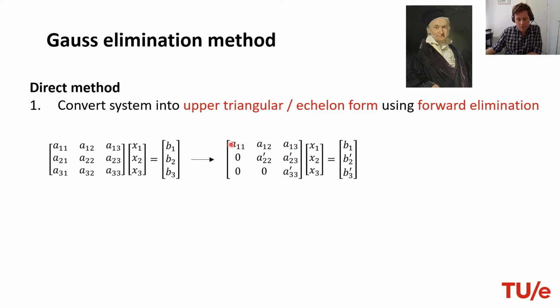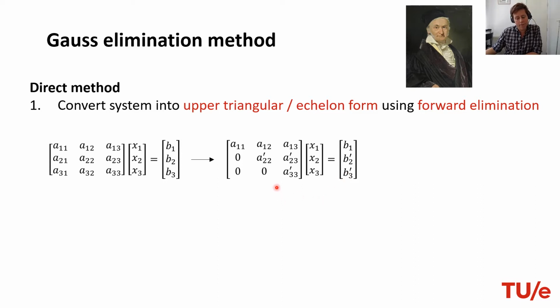We try to make all the entries below the main diagonal equal to 0. We see that this impacts all equations except the first one. These coefficients are changed and the right-hand side element is changed as well. And also for this third row, both the coefficient and the right-hand side have changed.